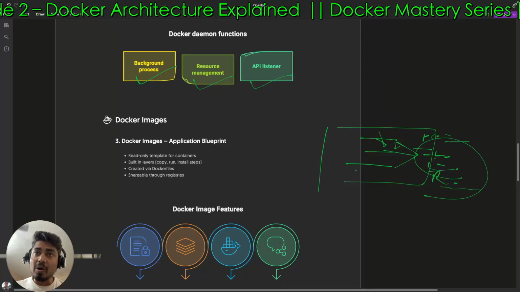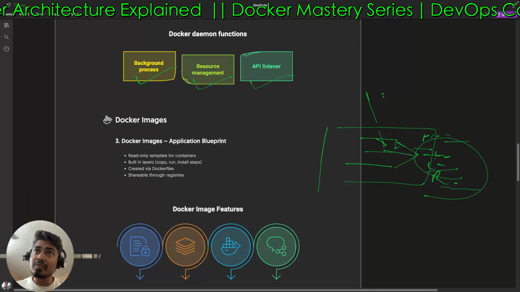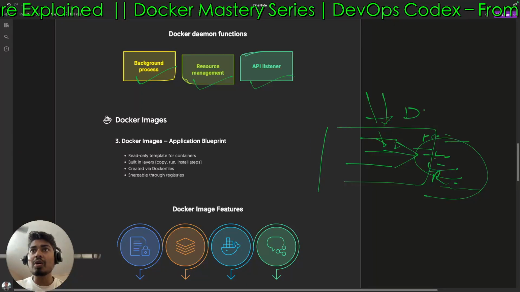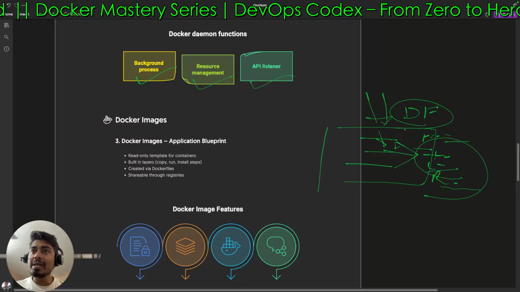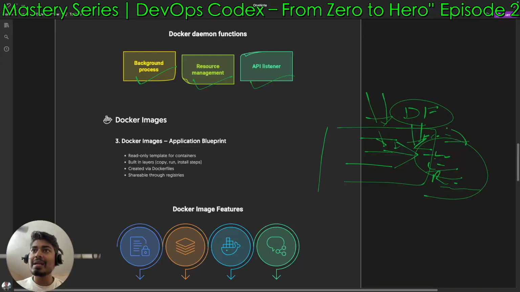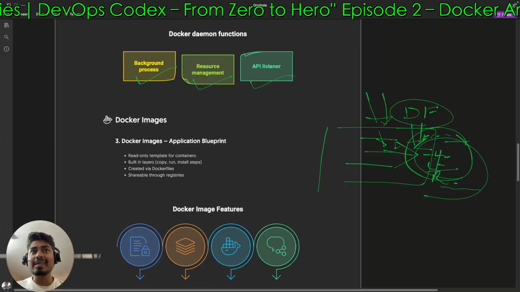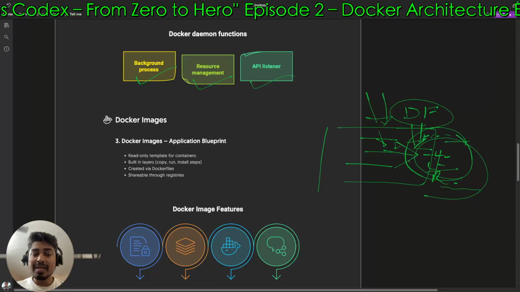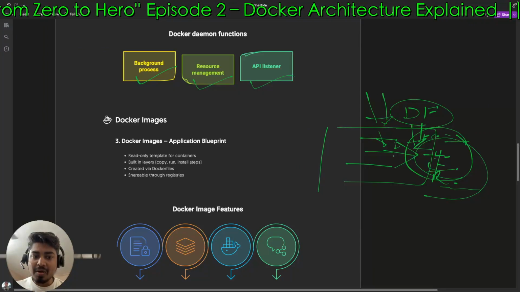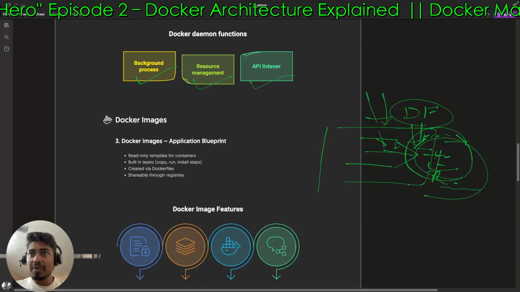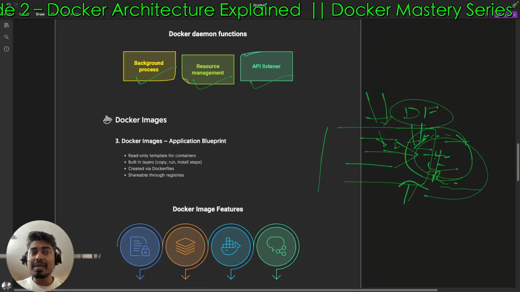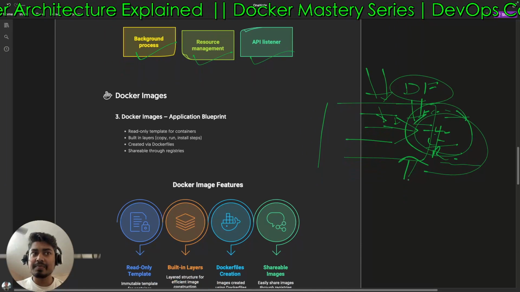And how are we creating the Docker image? We are writing the Docker file. Inside the Docker file, we are writing the layers one by one. With the help of this Docker file, we are creating the Docker image.